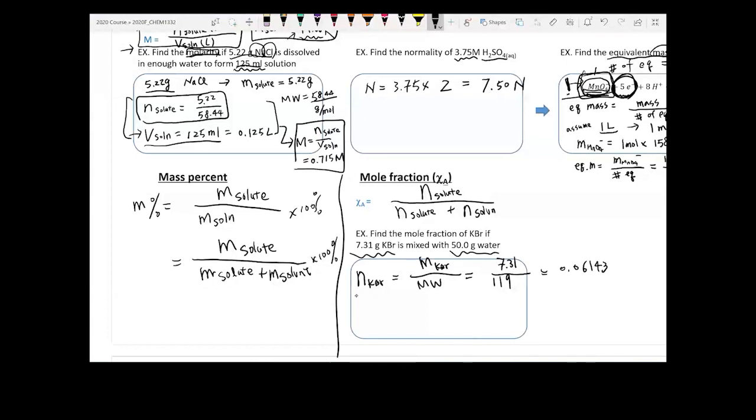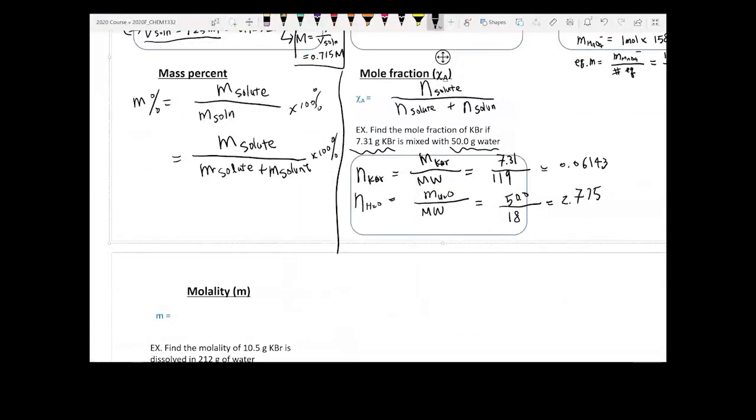Then you need the number of moles of your solvent, which is your water, H2O. So the mass of your water over the molecular weight of your water, 50.0 divided by 18, gives you 2.775.